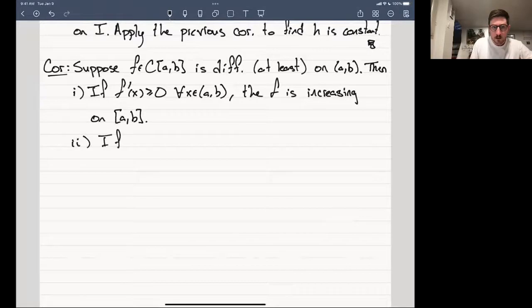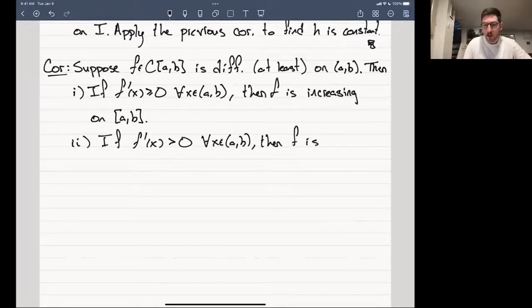Clearly, if f prime of x is strictly positive for all x in (a, b), then f is strictly increasing on (a, b).